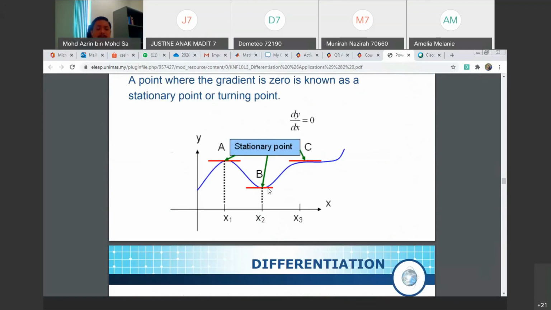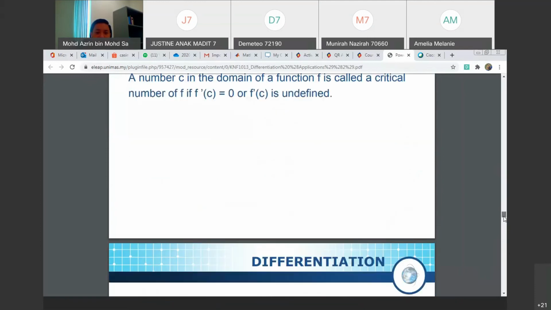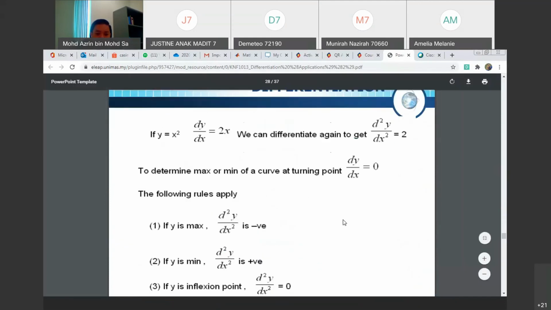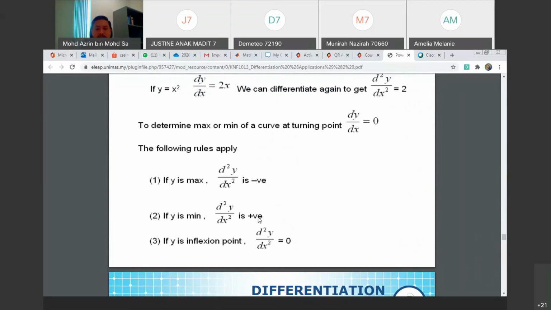So here, dia cakap kat sini, maximum adalah when the second derivative dia adalah negative value, dan y is minimum bila mana second derivative tu adalah positif. Okay, if y is max, so dy dx akan dapat negatif.